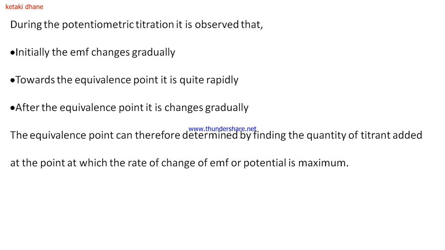Now, as we proceed with the potentiometric titration, it is observed that initially the EMF of the cell changes gradually, not continuously. Whenever the reaction proceeds between the reduced and the oxidized species, the change in the EMF or potential is gradual.